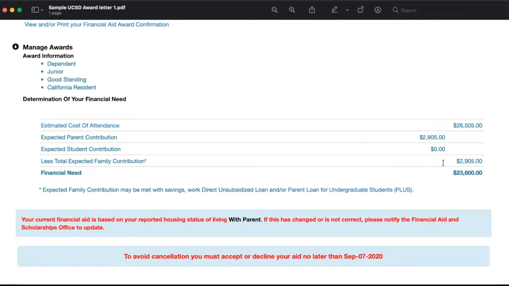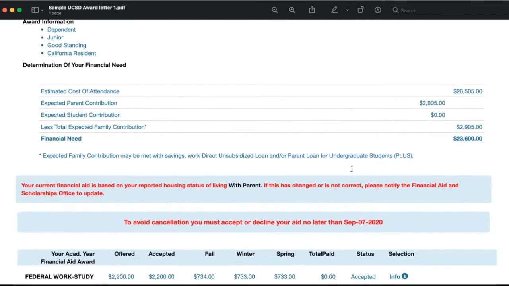Financial aid award letters usually take your cost of attendance and subtract the total expected family contribution to give you how much financial need you have. For this student, their financial need is $23,600.